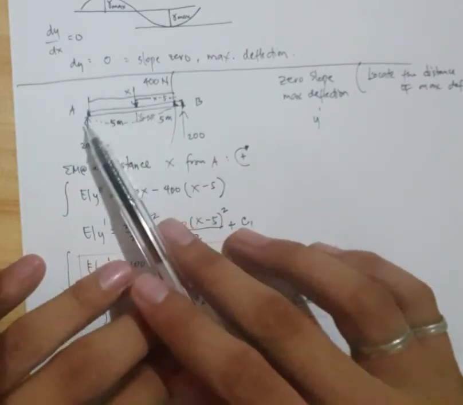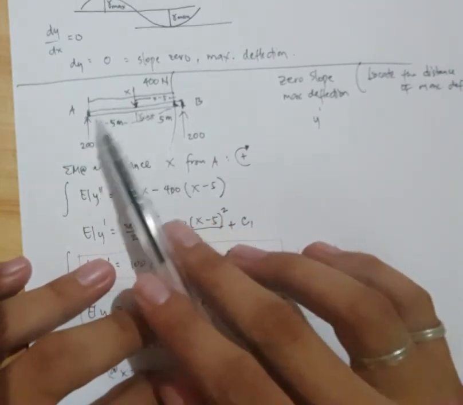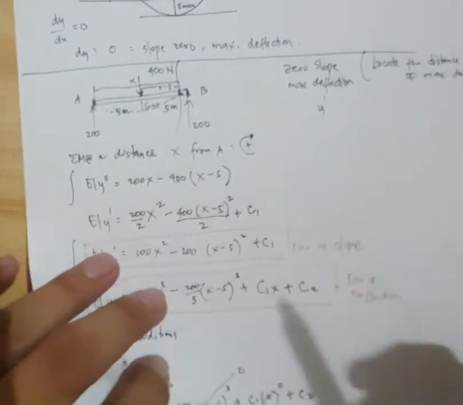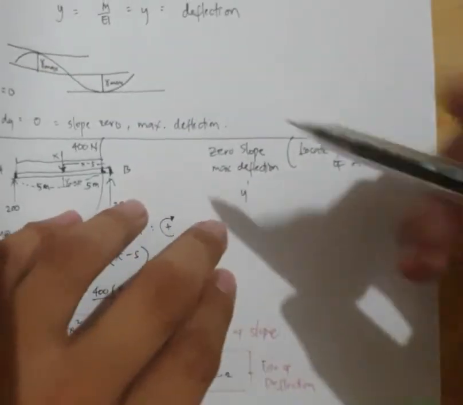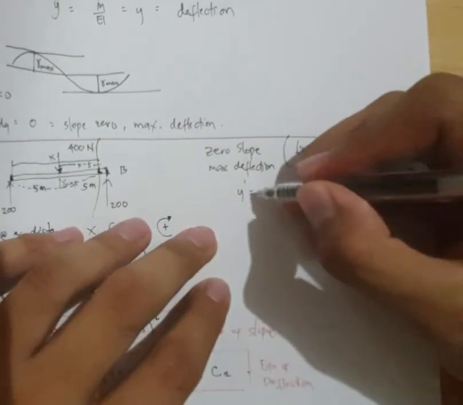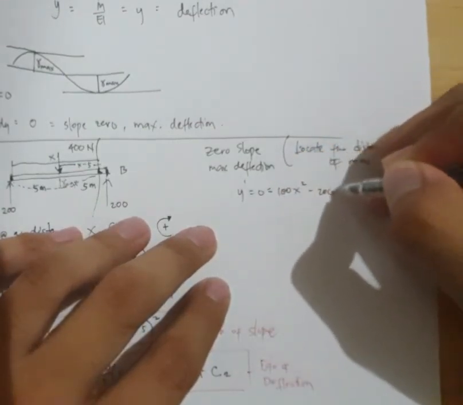So to check, we will verify if the maximum deflection really occurs at 5 meters, since your beam is 10 meters. Okay, so y prime equal to 0 is 100 x squared minus 200.